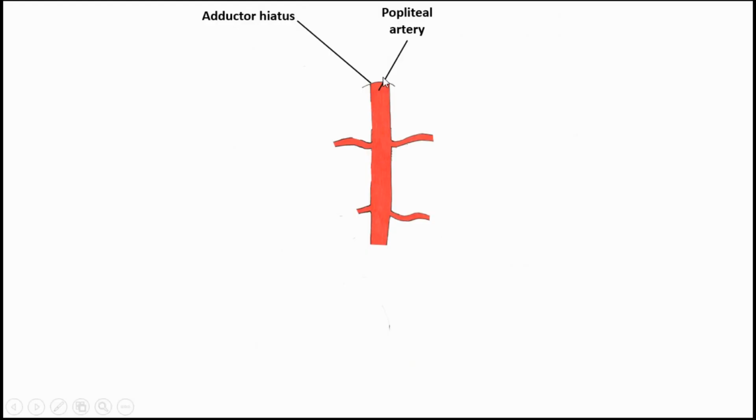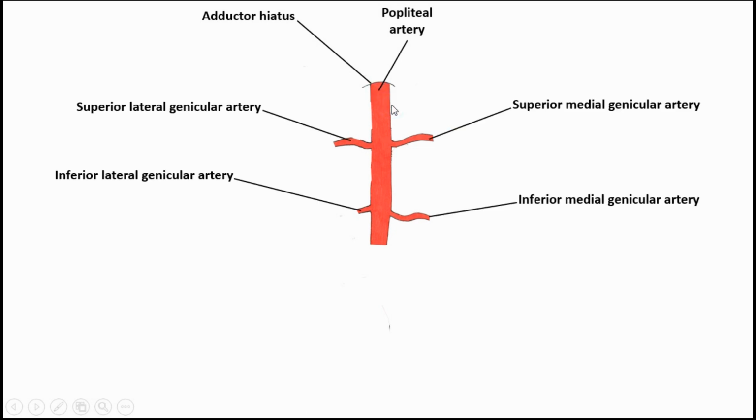The popliteal artery comes into existence as the femoral artery travels through the adductor hiatus. As we've already mentioned, we've got genicular arteries in all 4 quadrants: a superior lateral genicular, superior medial genicular, inferior lateral genicular, and inferior medial genicular artery.